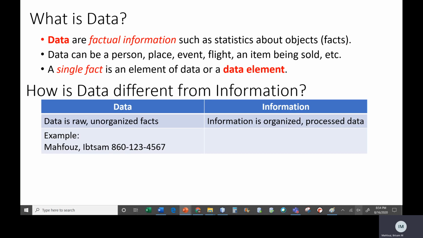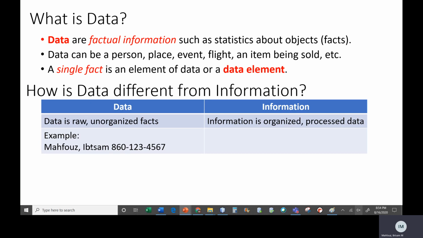It's unorganized. But once you go through it and organize it, then it's called information. So data is the facts that you collect, and they are unorganized. When you organize them, they become information.